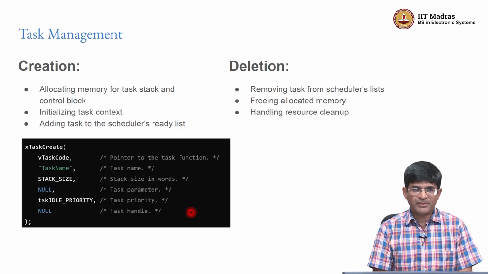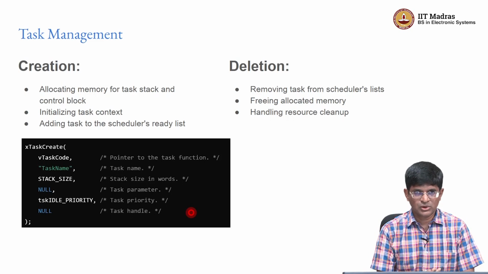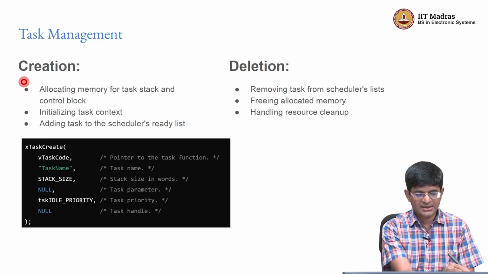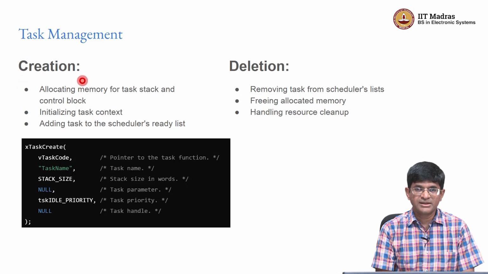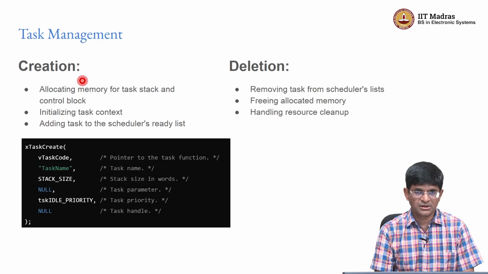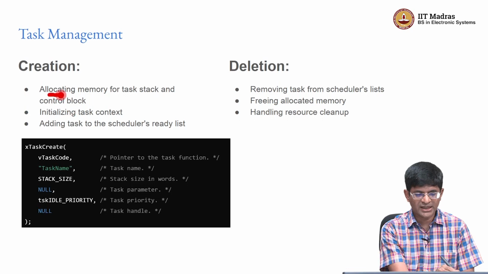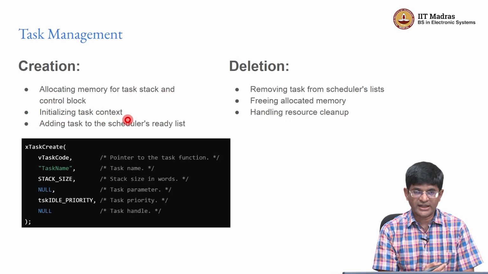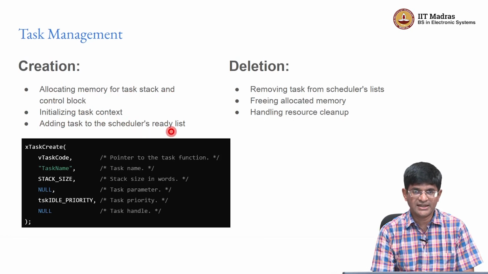So, task management, right? These are functions that are provided to you by the OS, the libraries essentially. The FreeRTOS libraries will provide a certain set of functions for you to work with tasks, like the ability to create a new task. Creating a new task would basically mean allocating memory for the task stack, initializing the context, setting up any registers and so on, and finally adding the task to the scheduler's ready list.